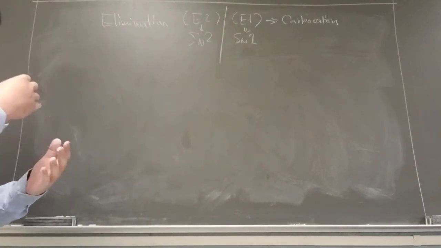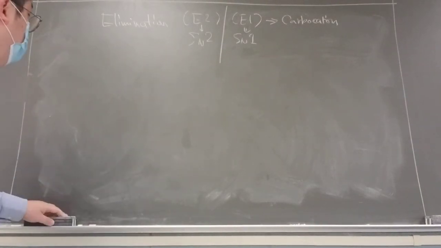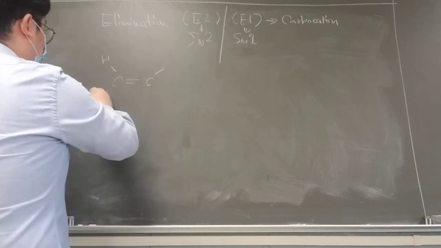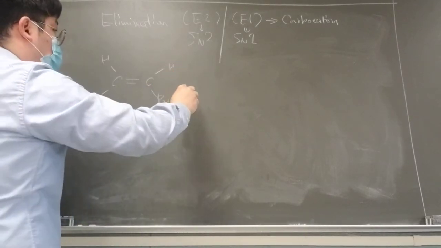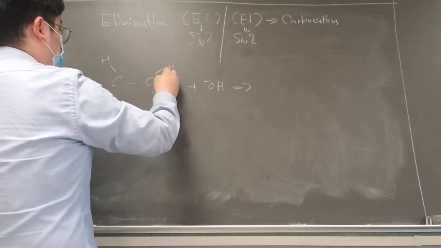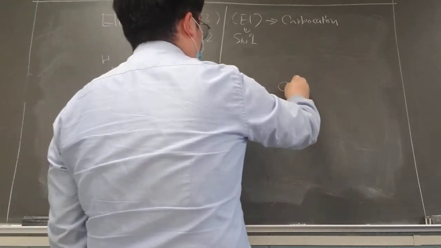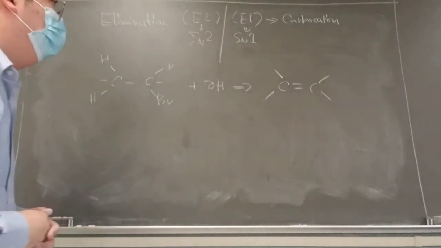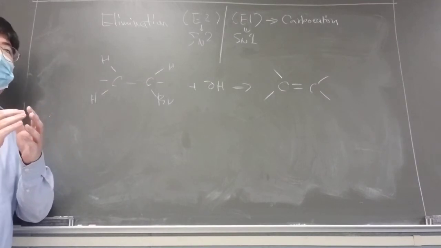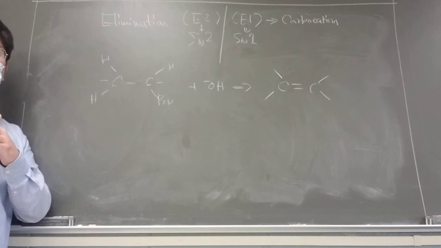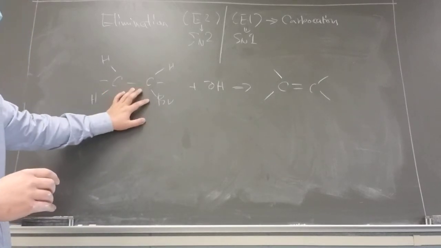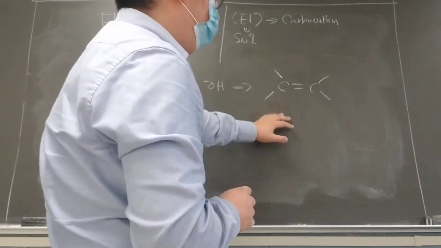But instead of substituting your leaving group, they're actually going to remove it. Sometimes there are conditions where the nucleophilic attack just substitutes your leaving group, but sometimes it eliminates your leaving group, putting in a double bond, so you can have alkene compounds after elimination reactions.